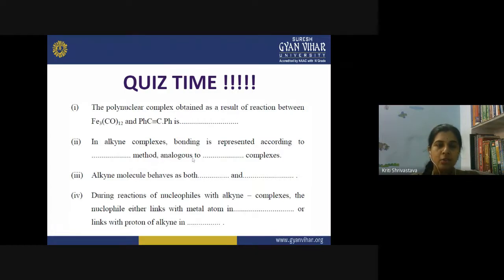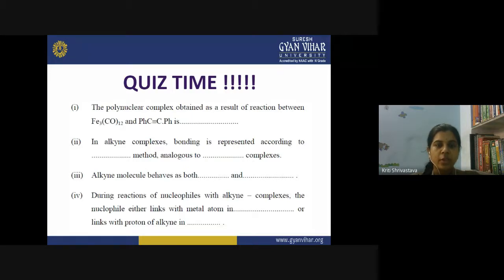And they are analogous to which complex? This we have just discussed. The alkyne complexes are analogous to which complexes? Then the third question is: the alkyne molecule behaves as both. It has two characters. What are these two characters? The alkyne molecule is behaving like two species. So what are those?